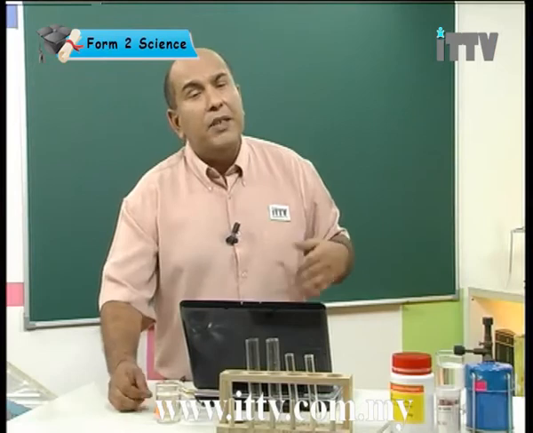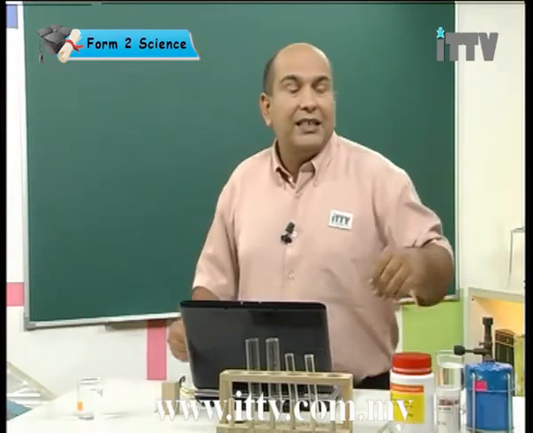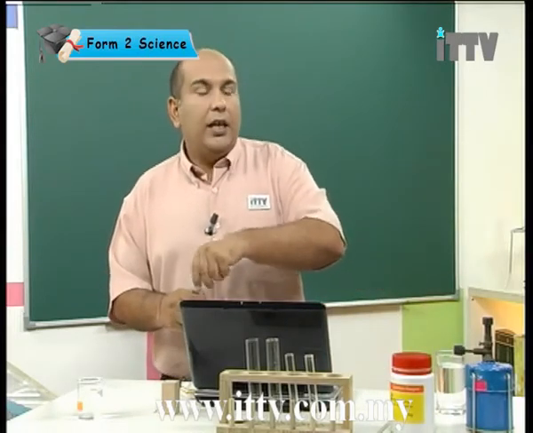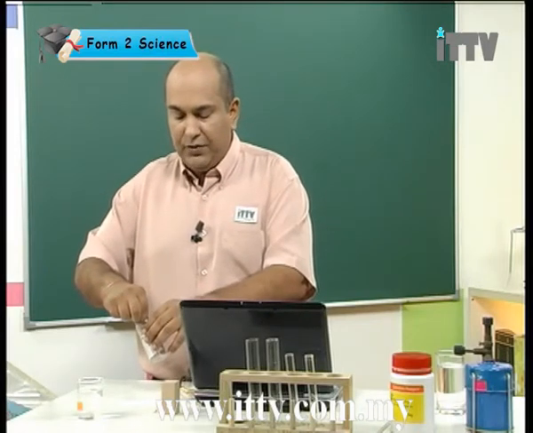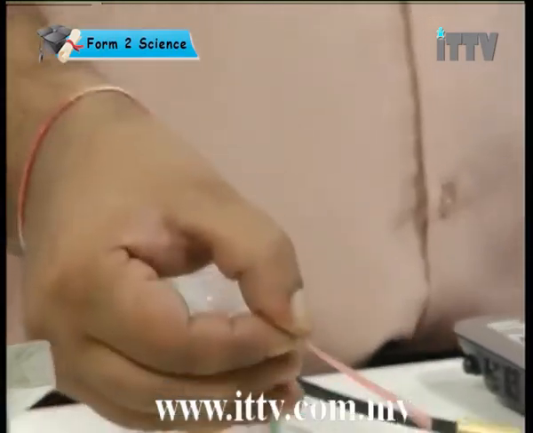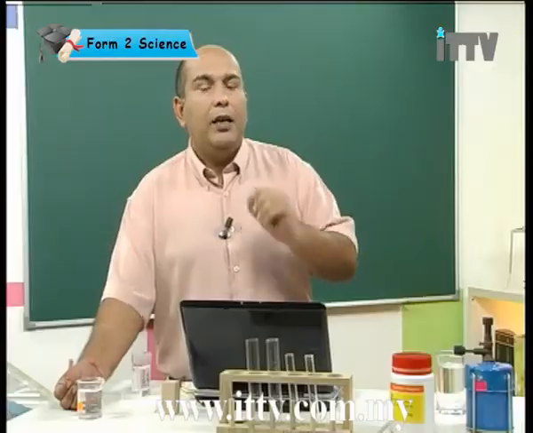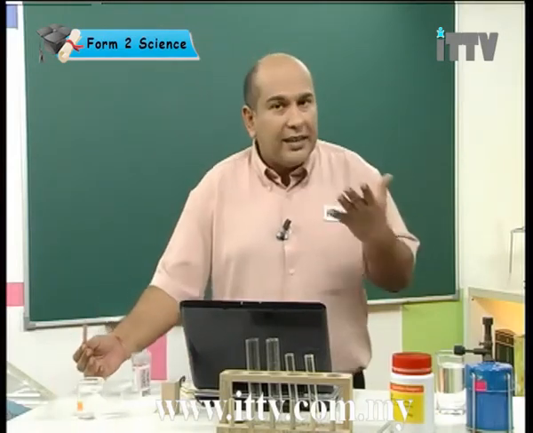We do experiments in the lab using acids and alkali. If something is an acid, we need to know that it's an acid. Here we are using our sense of sight. This is a bit of litmus, red litmus paper. When I put this red litmus paper into this liquid, I will know whether the liquid is acid or alkali based on the color change. Now, this is using light stimulus.